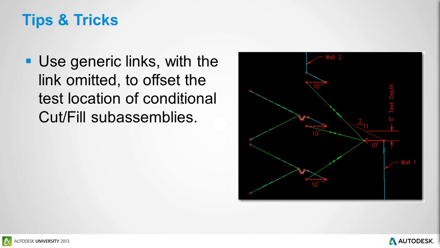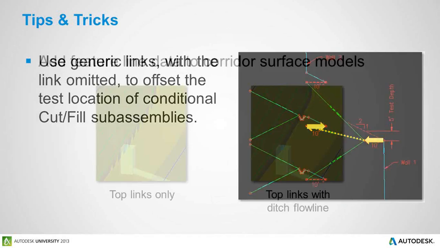And then what we'll do is there's an option to omit the link. I can't highlight that, but we can omit the link, and that way it will appear in the assembly while we're building it, but it will not appear in our corridor model. And we'll take a look at that in a little more detail when I get to that exercise. All right, I had little graphics that show how it will then offset over and come back.